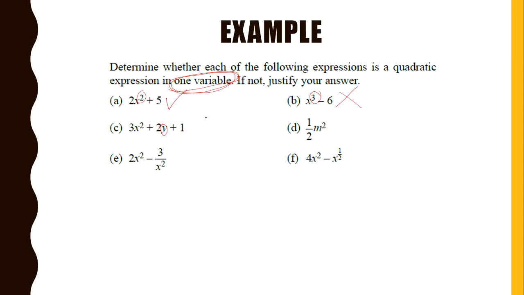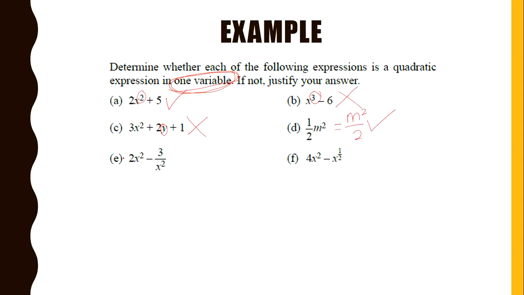So this is not a quadratic expression in one variable. Next, 1 over 2m squared. Okay, 1 over 2m squared sama juga. We can write it as m squared over 2. Okay, so one variable m and the highest power, the power is 2. So this is a quadratic expression in one variable.